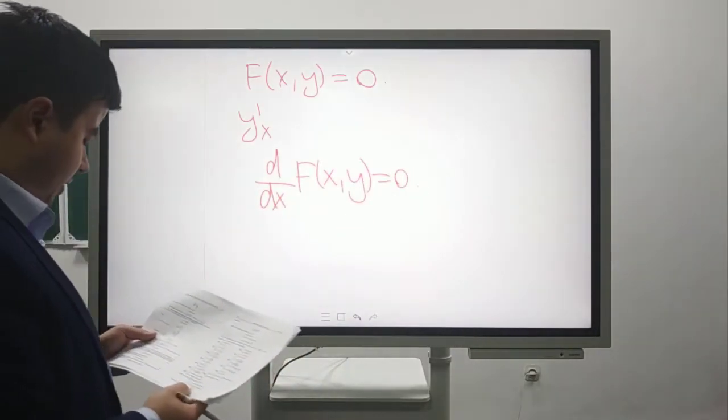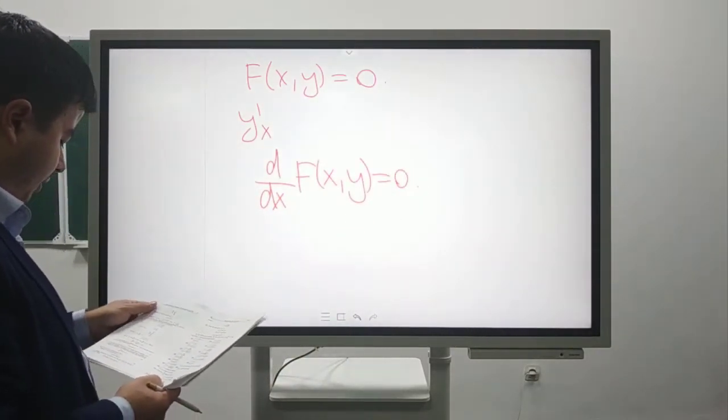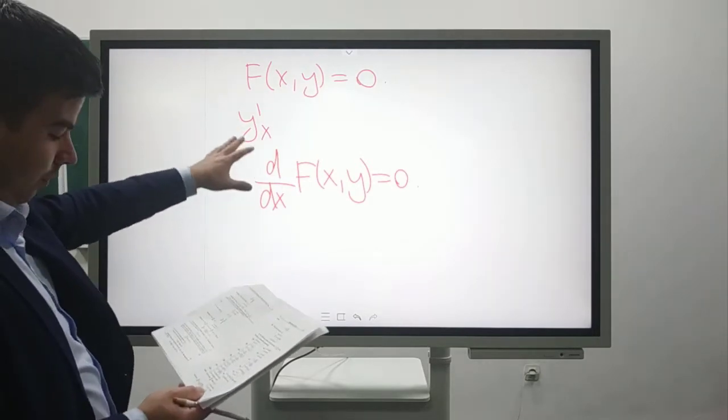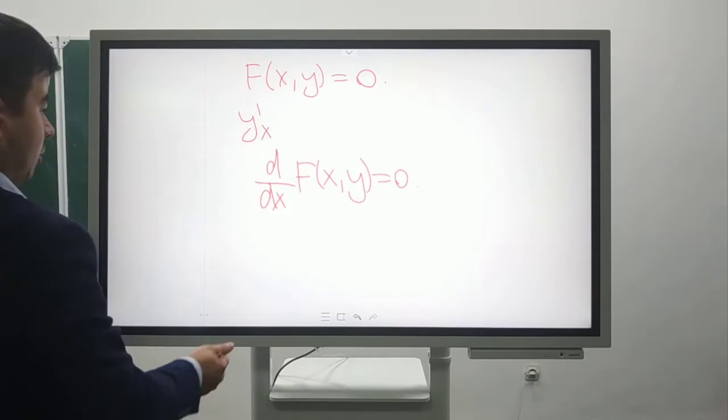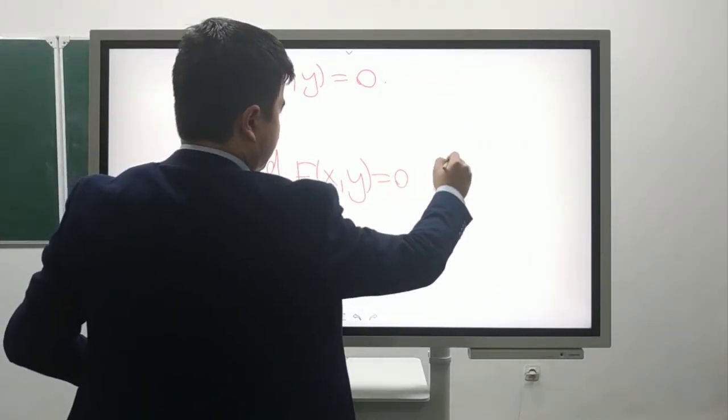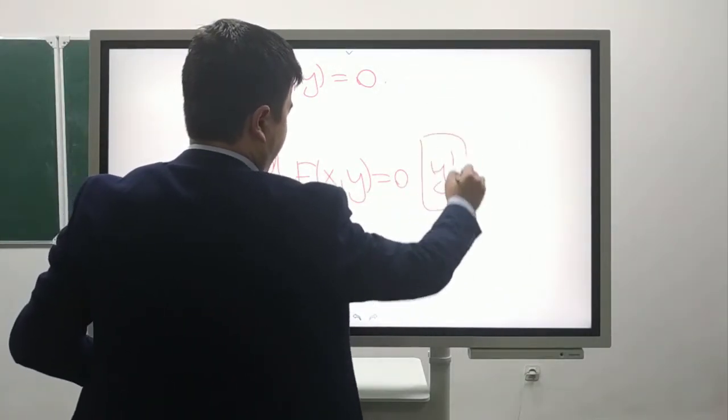So this is the derivative of an implicit function, and after this, solve this equation with respect to y prime.